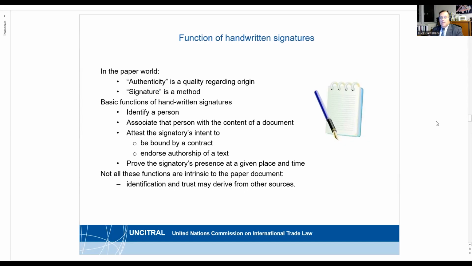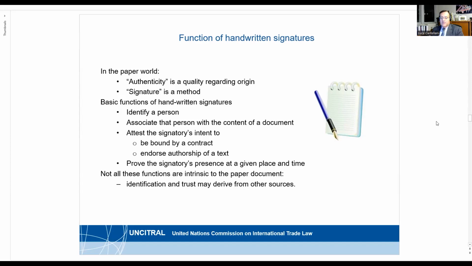Now here, association can be different. For instance, maybe the signatory wants to be bound by a contract. Maybe the signatory is just making a statement for future reference and wants to say, I am declaring now this information. We even have attendance sheets, for instance, where the function is just to prove the physical presence of someone at a given place and time.